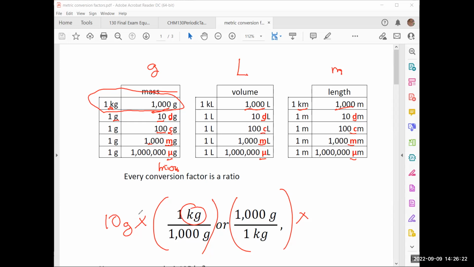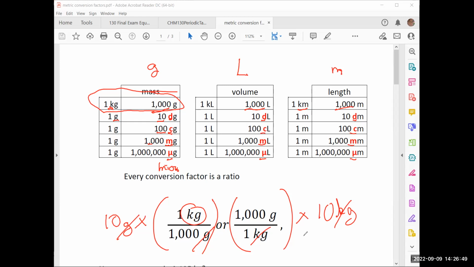Because if you look at this, my grams cancel. I'm keeping track of my units. So if I want to go to kilograms from grams, I use the factor on the left. If I start off with kilograms and I want to go to grams, then I use the factor on the right, because my units of kilograms cancel when I multiply.